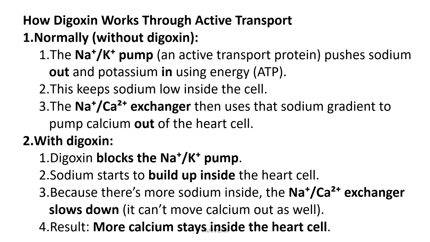With digoxin, the sodium-potassium pump is inhibited. So sodium begins to accumulate inside the cardiac cell. Because the sodium gradient has changed, the sodium-calcium exchanger becomes less effective at removing calcium. Therefore, more calcium remains inside the cardiac muscle cell.